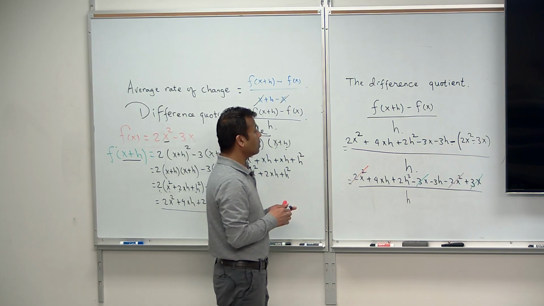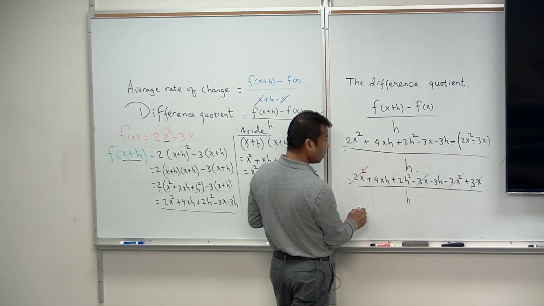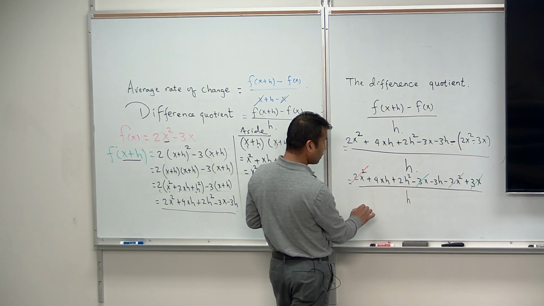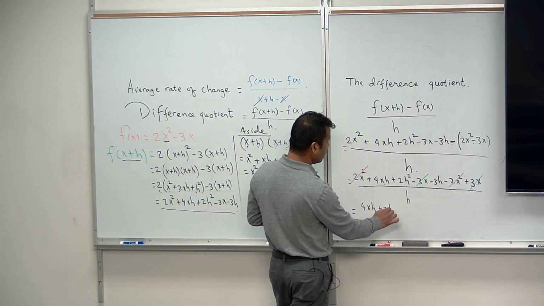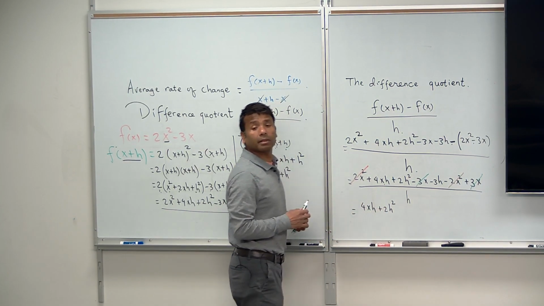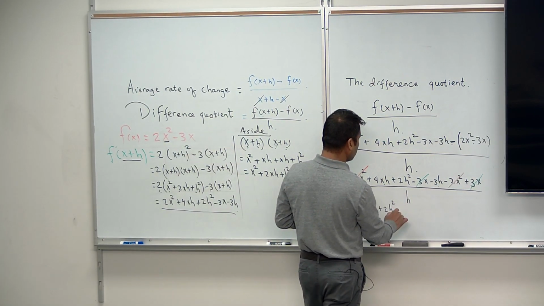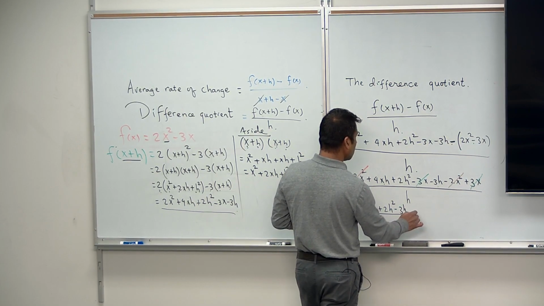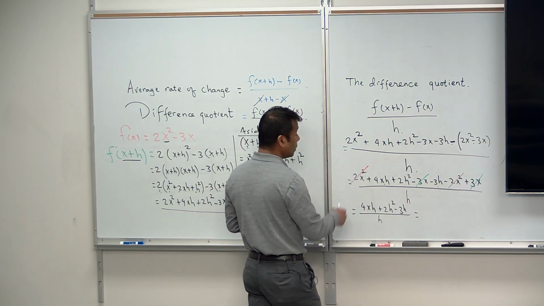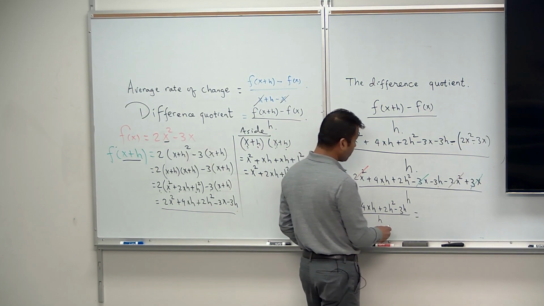Right? So now what will be here? You have 4xh plus 2h squared minus 3h over h. Now you have the common denominator h.